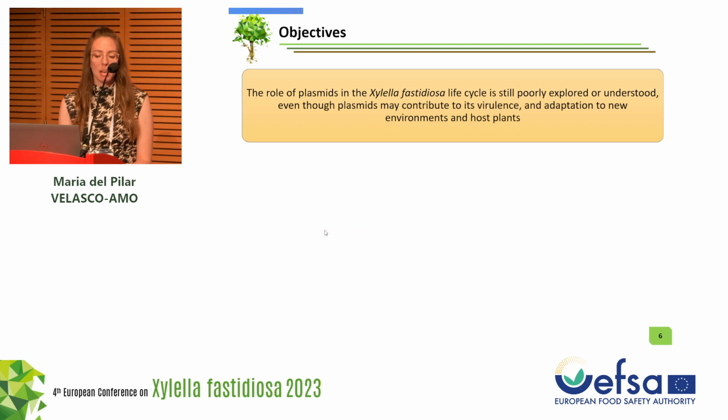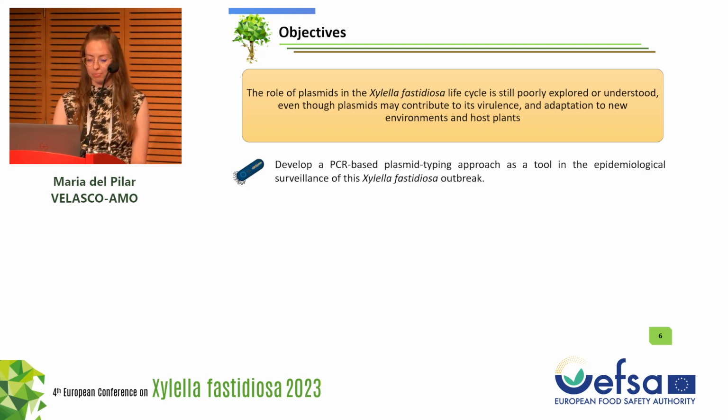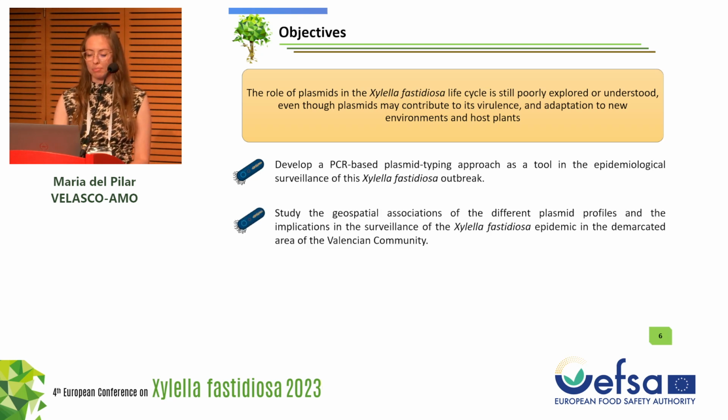So the role of the plasmid in the Xylella fastidiosa life cycle is still poorly explored or understood, even though plasmids may contribute to its virulence and adaptation to new environments and host plants. For that, the objective of this study is to develop a PCR-based plasmid typing approach as a tool in the epidemiological surveillance of this Xylella fastidiosa outbreak.